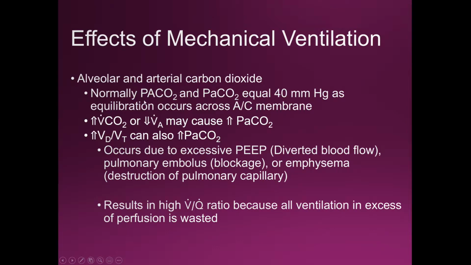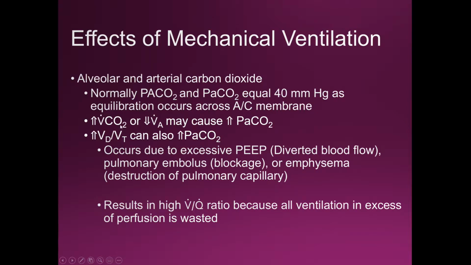Normally our alveolar CO2 and our arterial CO2 equal 40 mmHg as equilibration occurs across the alveolar-capillary membrane. So that is our norm. We want 40.